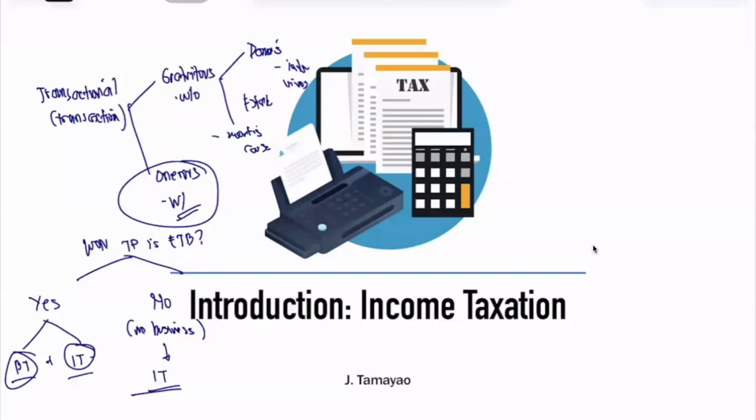That really is rare. What you exempt really is a transaction. For example, the sale or importation of agricultural produce in its original state. What is exempted there is the sale or importation, meaning the transaction, not the business itself.